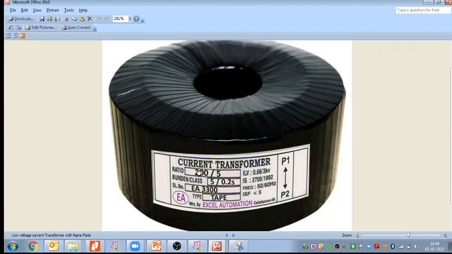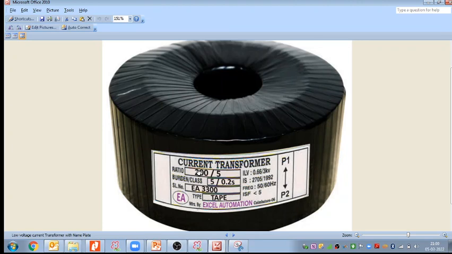And due to this mismatch, or we can say due to this error, due to this excitation current or magnetization current, the error will be produced in the CT, and that percentage of the error we express as the accuracy class.